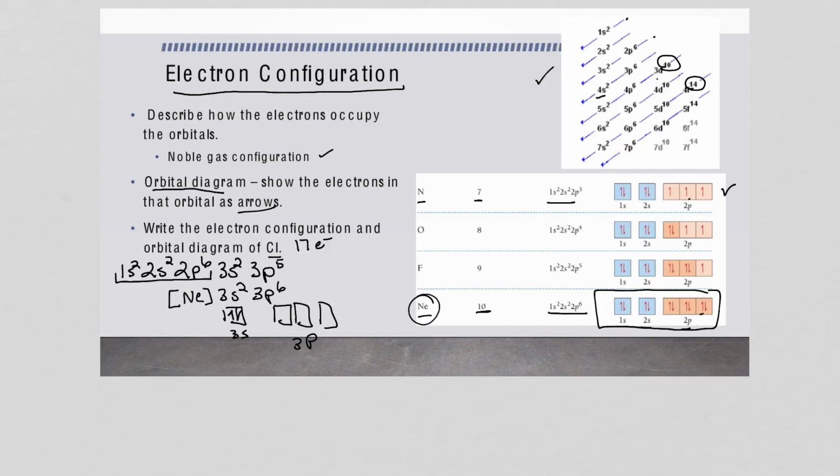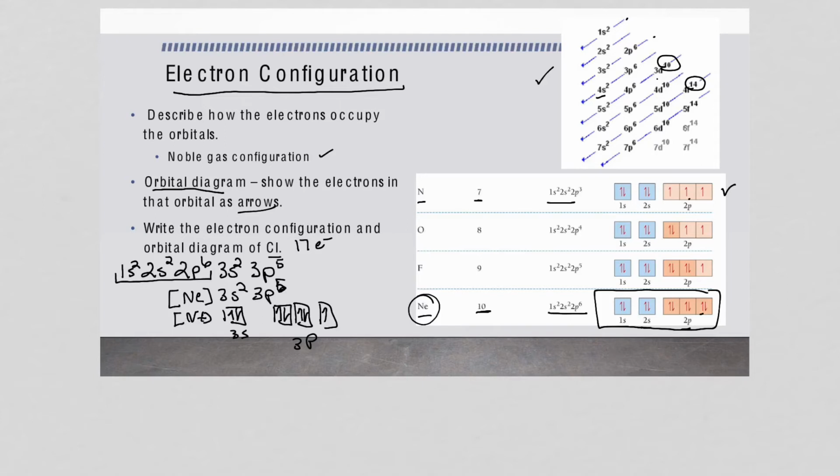In the 3p, we have 5. So we've got 1, 2, 3, 4, 5. The first 2 of these are filled, and we have one more electron that could go in there to give us our 6th electron in the 3p. So this would be our orbital diagram for the chlorine.